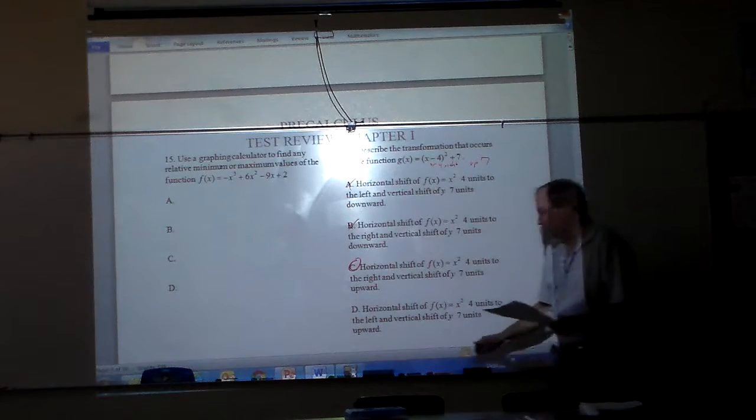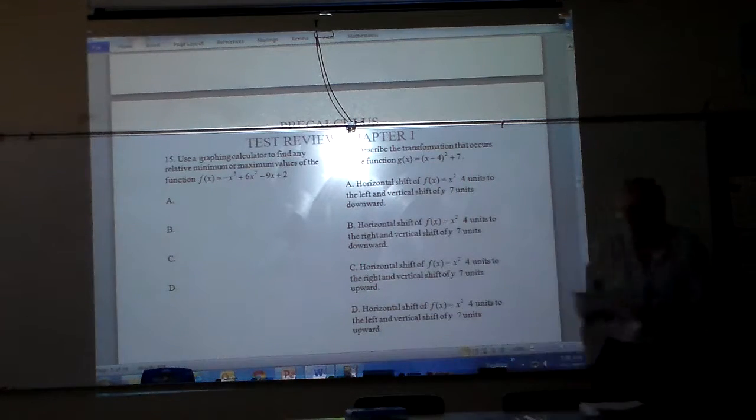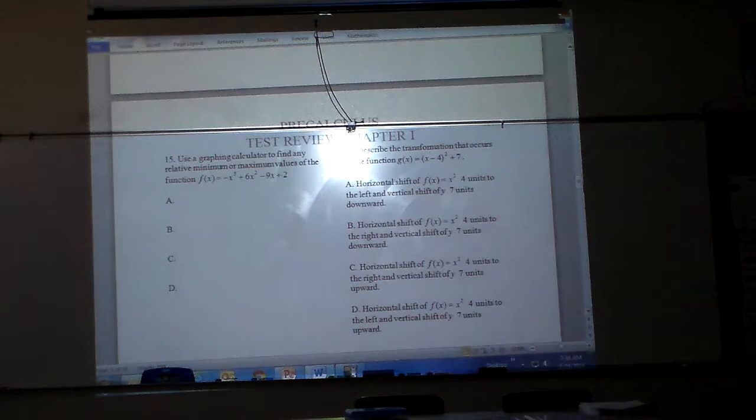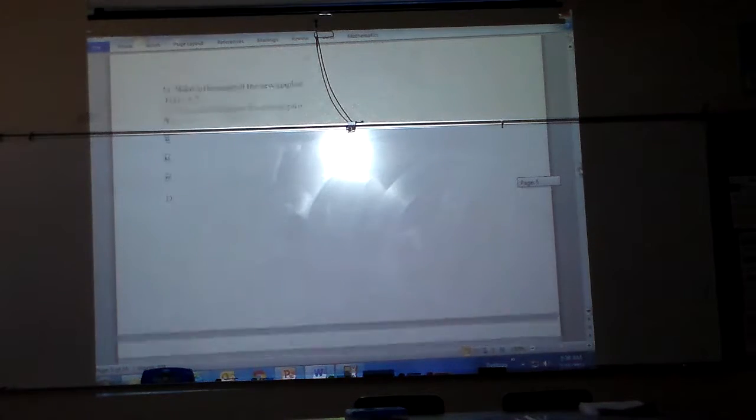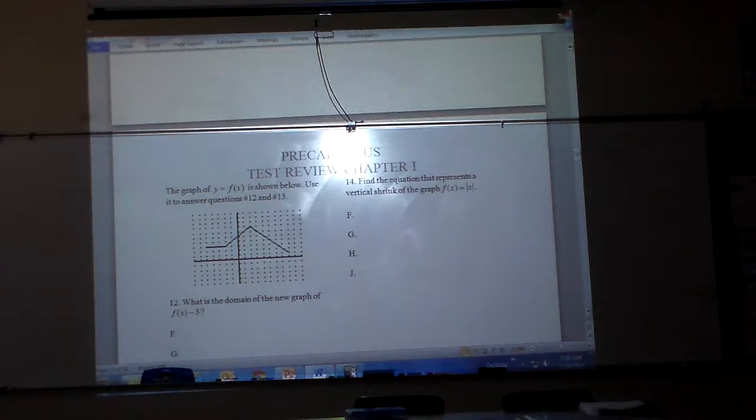All right, we want to go back and look at problem number 14 real quick while we're dealing with transformations. So let me find 14 for you real fast. Shouldn't be very far from 17. There we go. There's 14 right there.